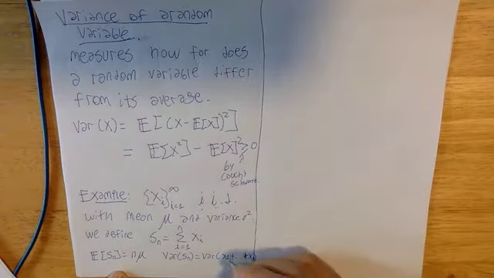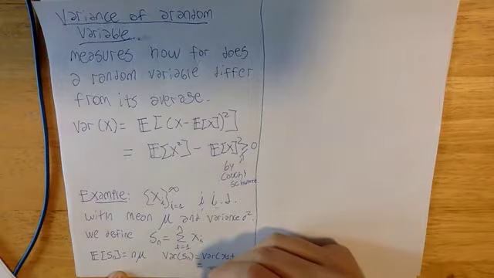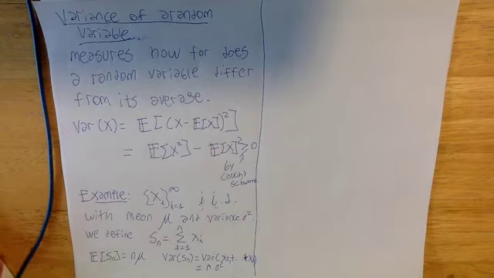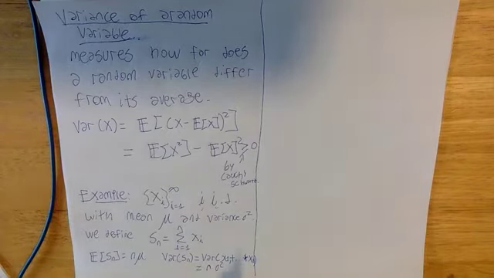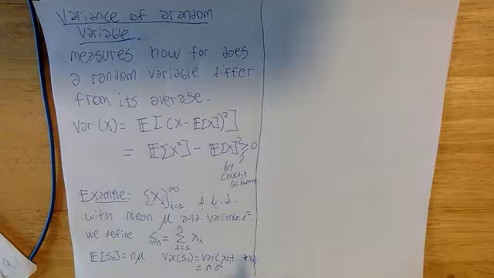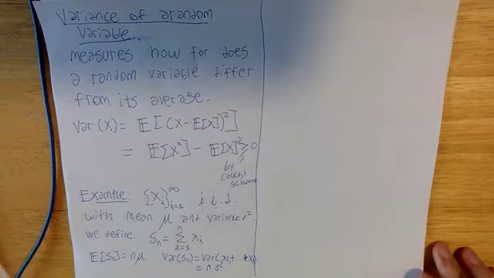But what we had said before, the variance of independent random variables is the sum of the variances, so this is just n times sigma squared. All right, so this is how we think of random variables in general.